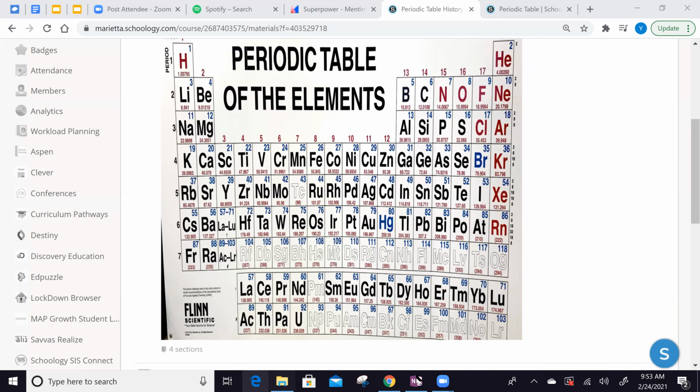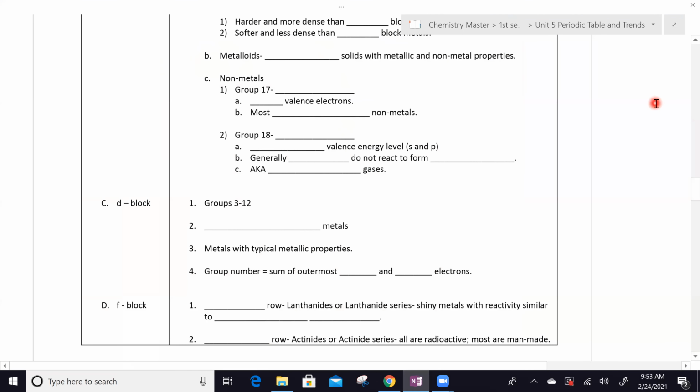So this group, the halogens here. Halogens, group 17. Remember, this is one of those family names that you do need to know. Okay. So this is the halogens. They have 7 valence electrons. They are the most reactive of the non-metals. Okay.